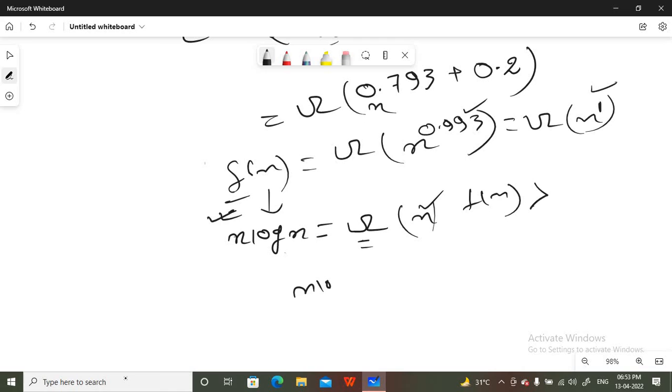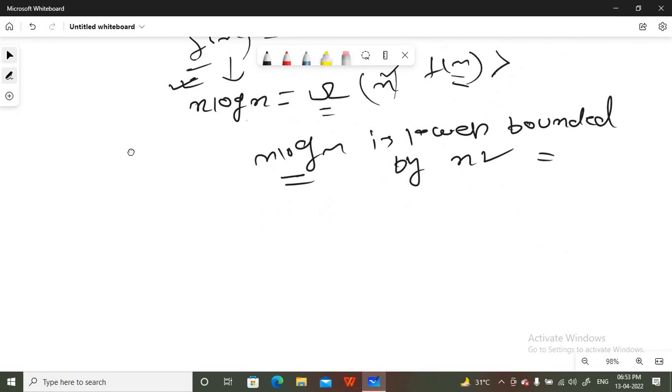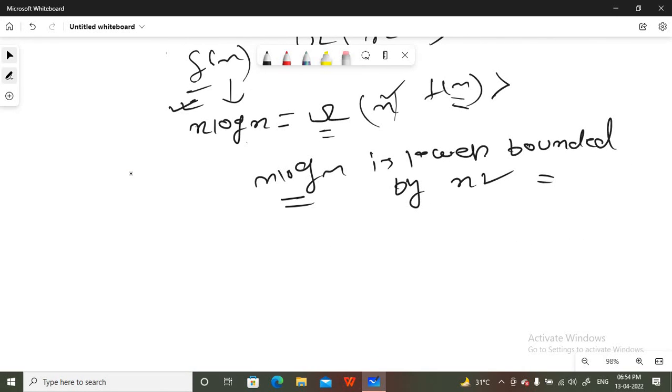Here I can say that n log n is lower bounded by n, because n log n grows faster than n. So from this I can say that the first condition is satisfied very easily.